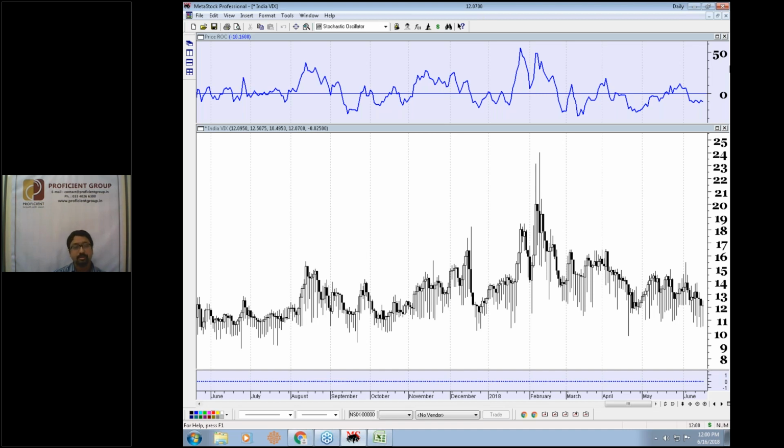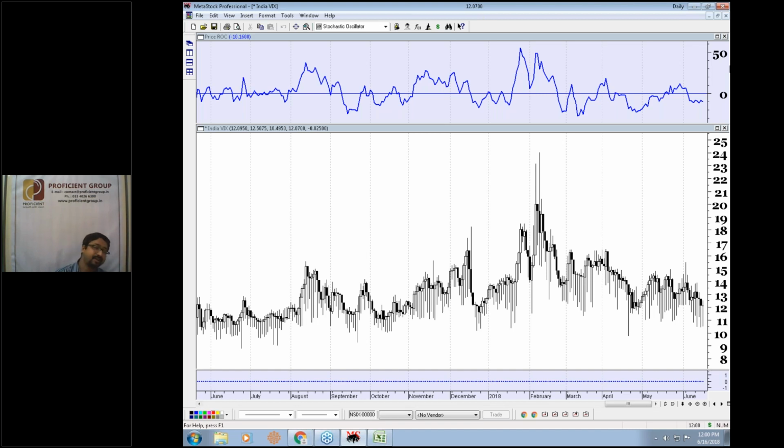They just measure the volatility of the index options, right? Suppose our index is Nifty, and we are trading Nifty, and there are options available on Nifty. So VIX is calculated by taking into account all the calls and all the puts that are available.